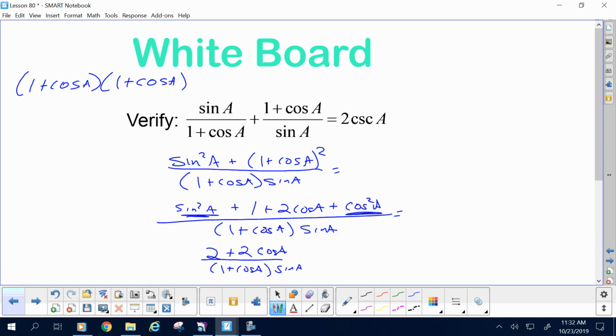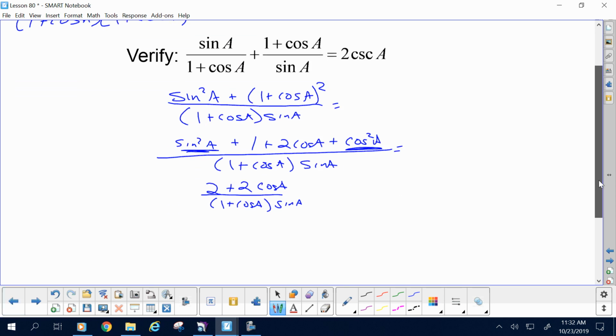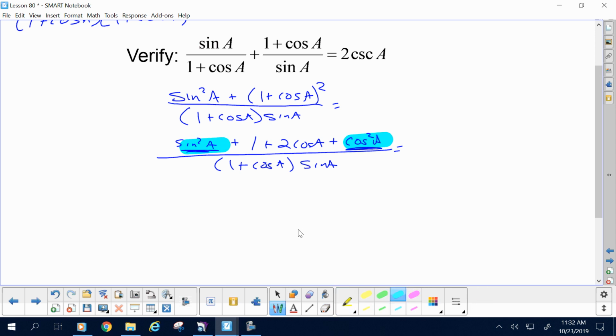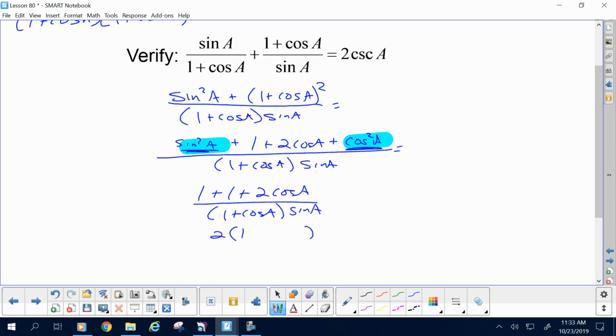Actually, maybe I'll do that in 2 steps. You don't have to, but so my work is clear, these two together are 1. All right, then what? Factor out a 2.